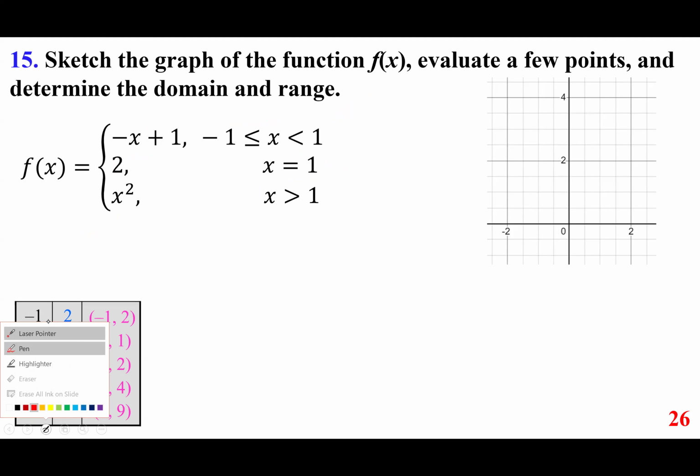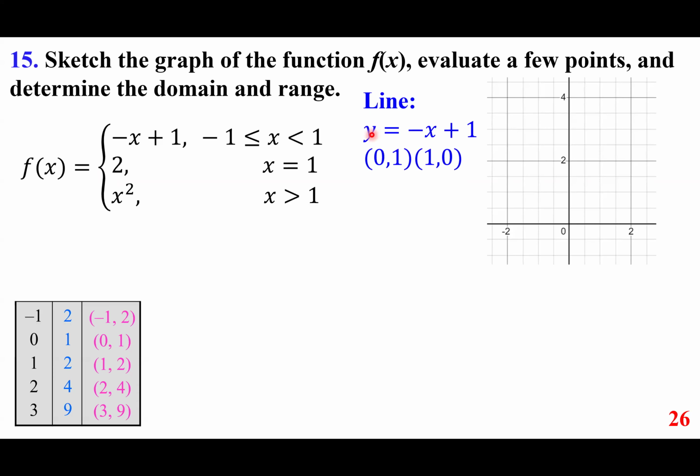And first, I don't pay attention to the restriction. Of course, this is just one pair, 1 point. So let's graph this one, which is a line y equals negative x plus 1. The top one, everybody. Obviously, if x is 0, we get 1. If y is 0, we get 1, 0.